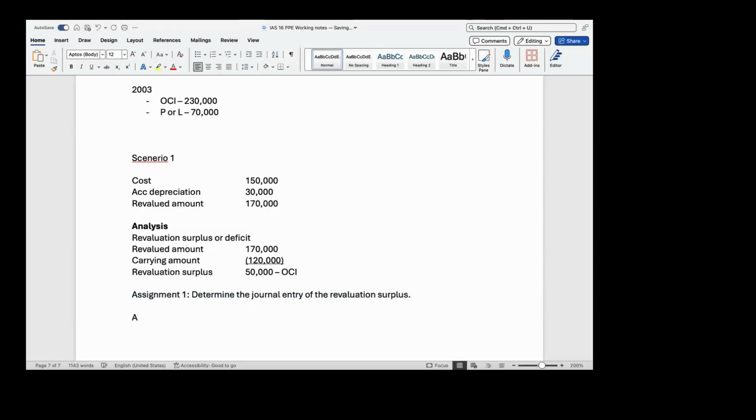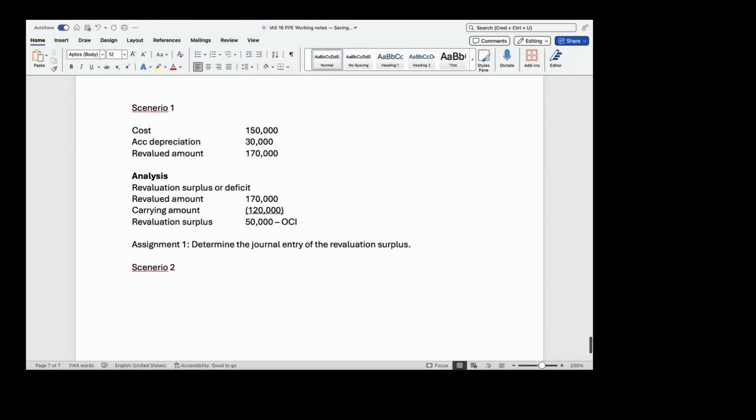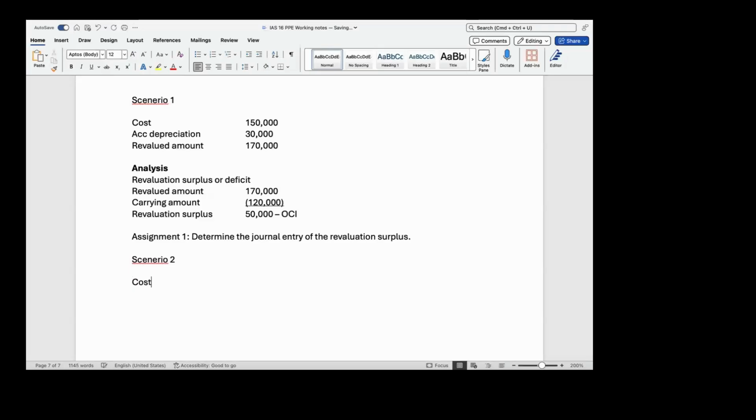Now, scenario two. If you have the cost of an asset of 230,000 and the accumulated depreciation of the same asset was 45,000, and there was a previous revaluation surplus on this asset of, let's say, 30,000.